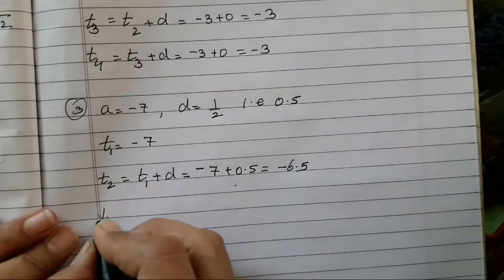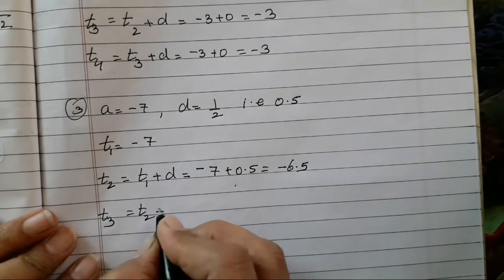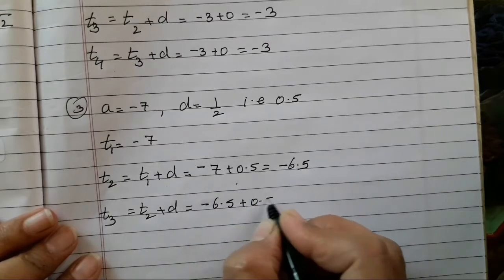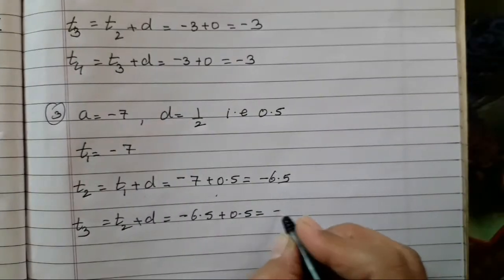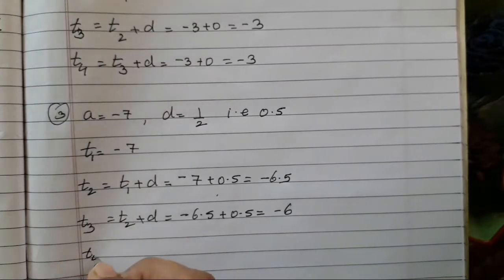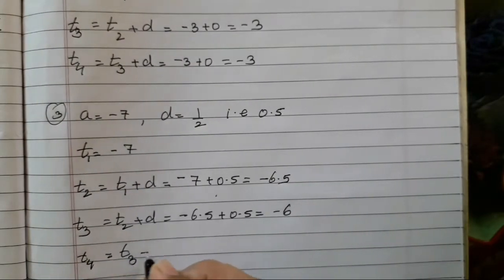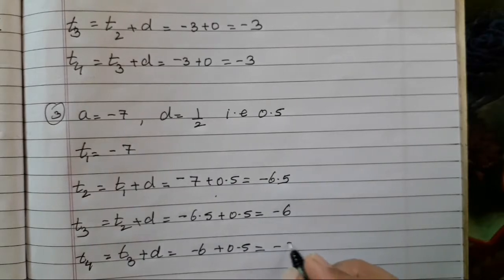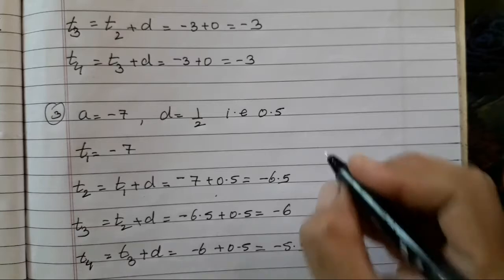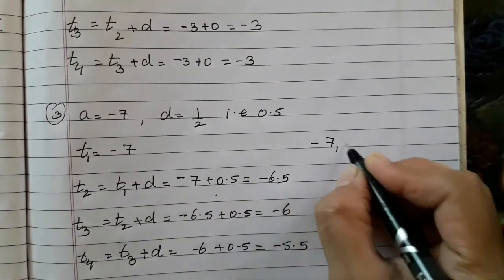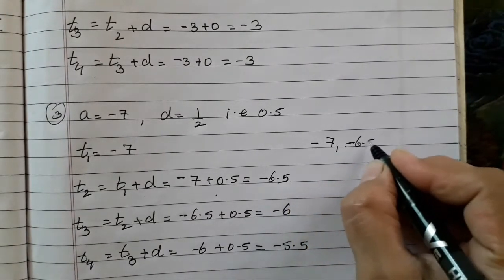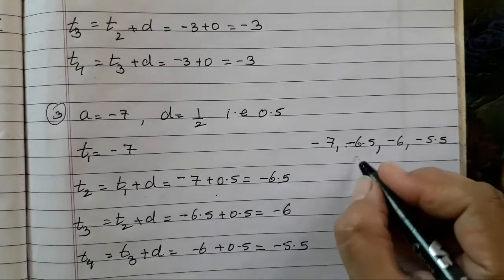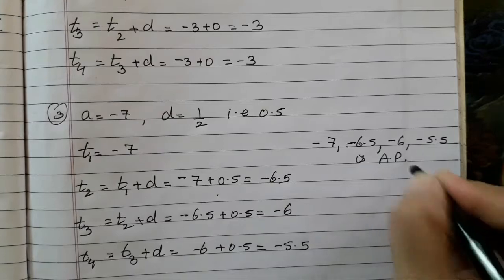For T3, T2 plus D is minus 6.5 plus 0.5, which is minus 6. For T4, T3 plus D, minus 6 plus 0.5 is minus 5.5. So the required numbers minus 7, minus 6.5, minus 6, minus 5.5 are an AP.